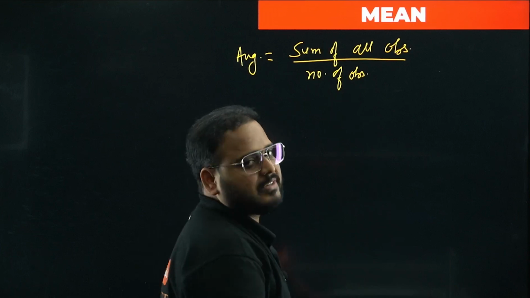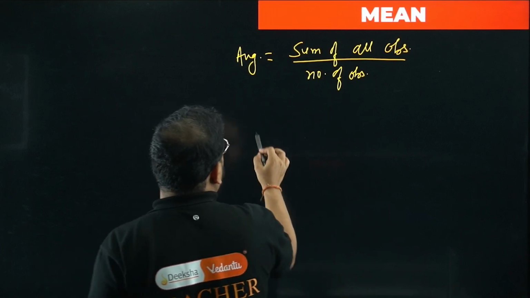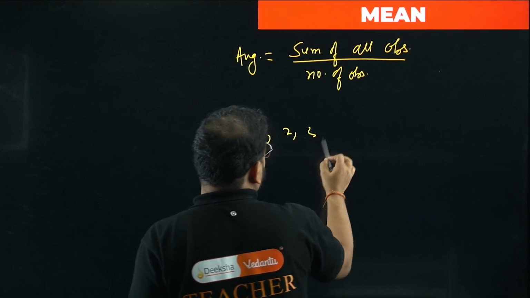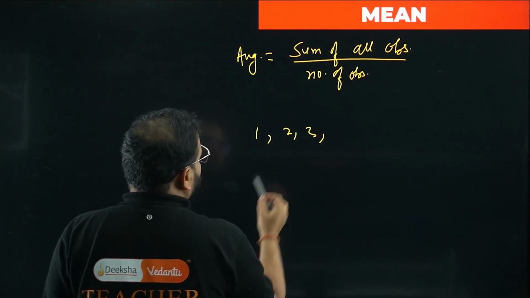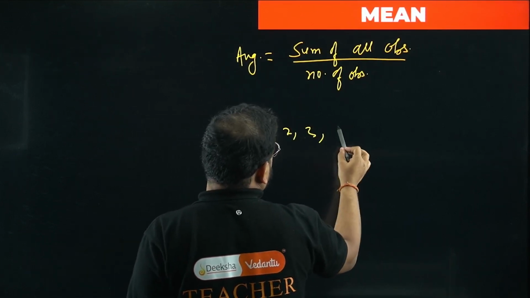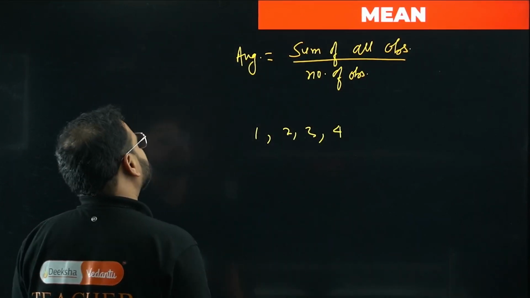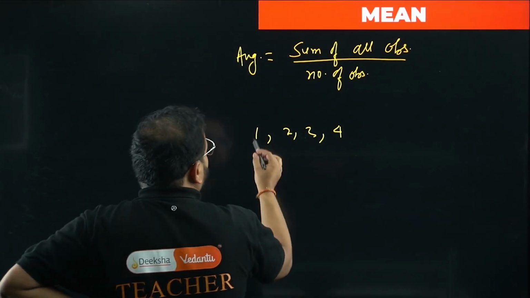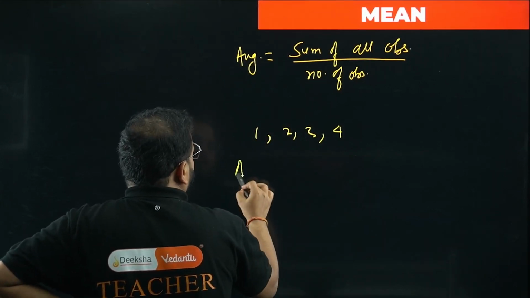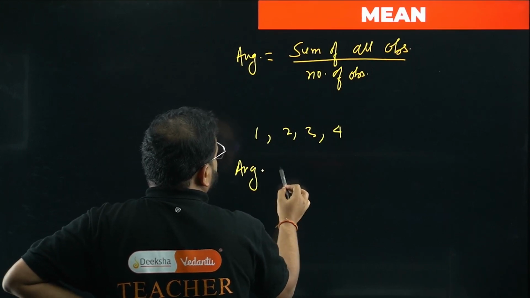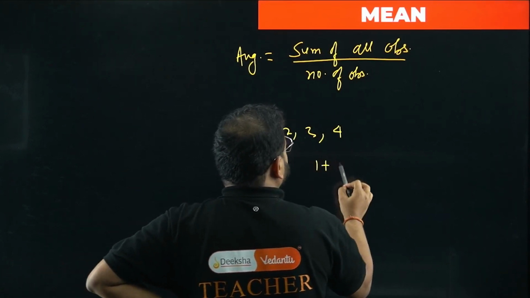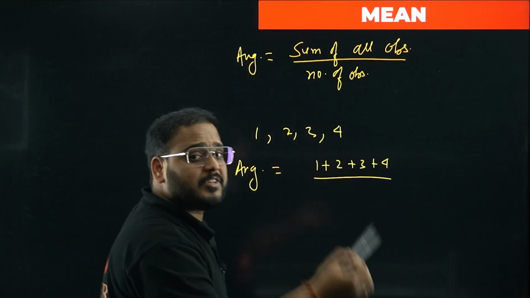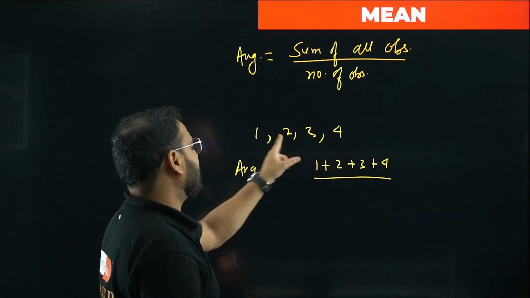What I mean by that is, if I have, let's say, 1, 2, 3, and then 6, 1, then 4. Let's check this out. If I have to ask the mean or average of all of this, it will be given by 1 plus 2 plus 3 plus 4, which is the sum of all the observations, divided by the number of observations.